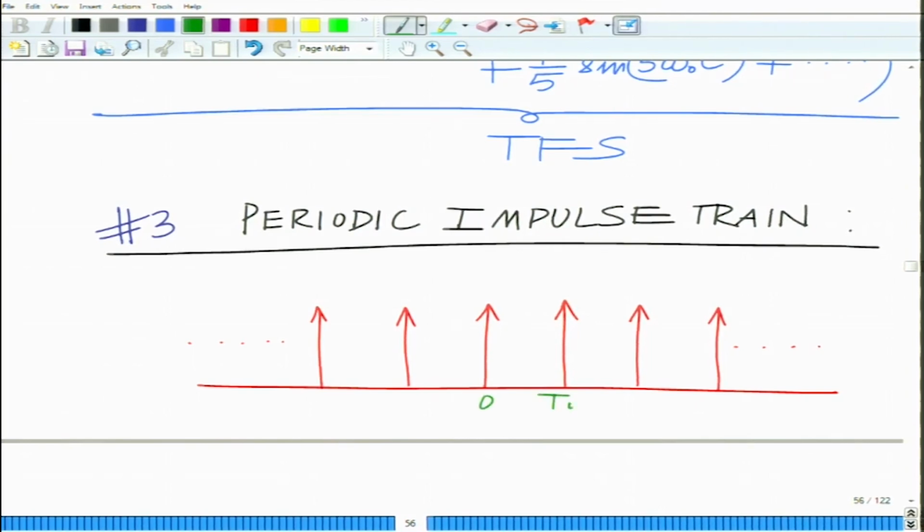So, you have impulses at 0, t naught, twice t naught, thrice t naught, minus t naught, minus 2 t naught. So, impulses are at integer multiples of t naught. So, the spacing between successive impulses is t naught.